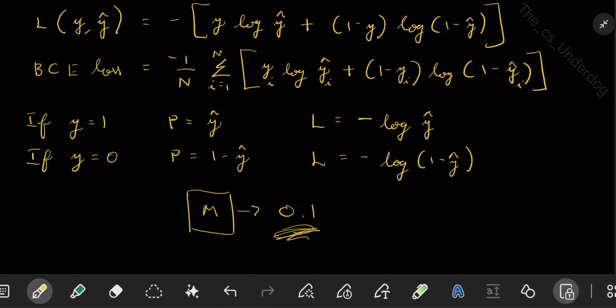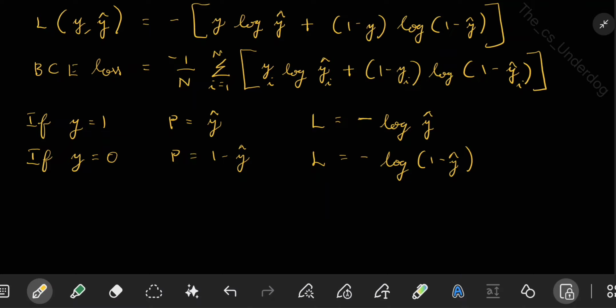It is confidently telling you it is class 0, but it is actually class 1. Then you should penalize it heavily. That is when this formula comes in handy. Same in the other case as well when you are using it for class 0. So this is one main logic you have to understand behind the BCE loss formula.